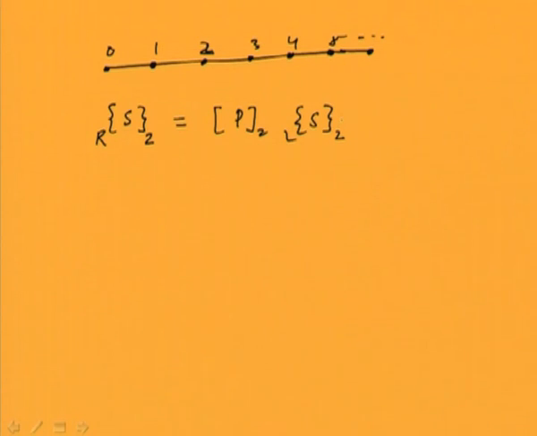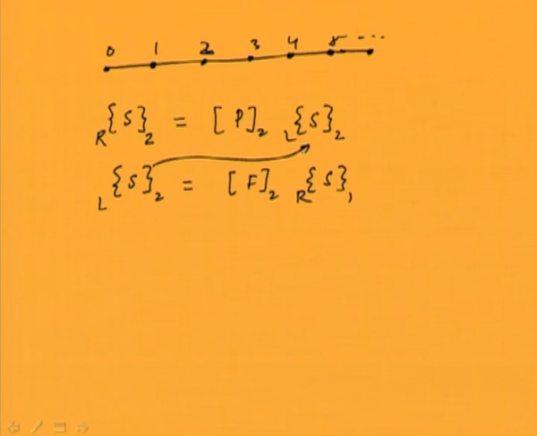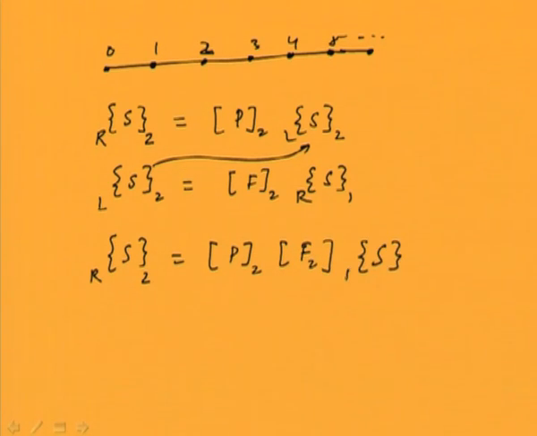Also we develop this, state vector left of 2 is equal to field matrix times state vector right of 1. So you can see that we can substitute this here, and so we can write state vector right of 2 is equal to P2 into F2 and state vector right of 1.